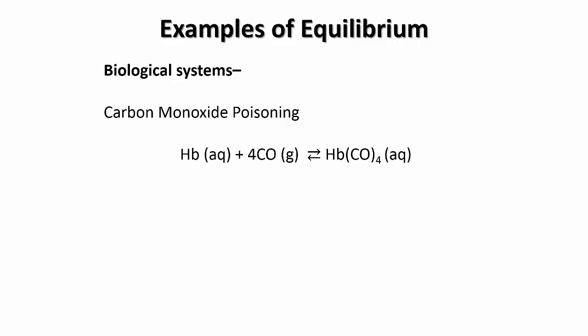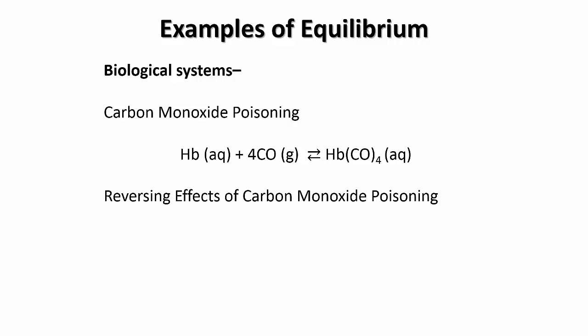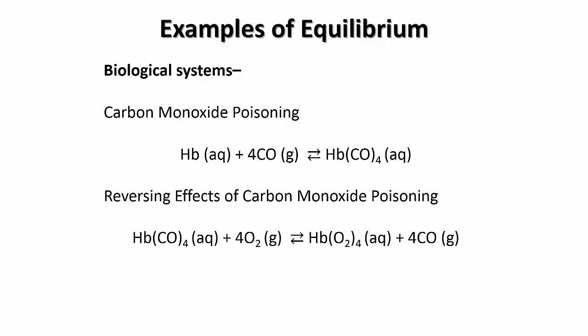A way to address this is to introduce a high concentration of O2 into the bloodstream, which forces the CO off. But we have to go to really high concentrations of O2 for this to occur. So we have these competing equilibriums with hemoglobin binding to carbon monoxide versus oxygen. Again, an example of a very important equilibrium process.